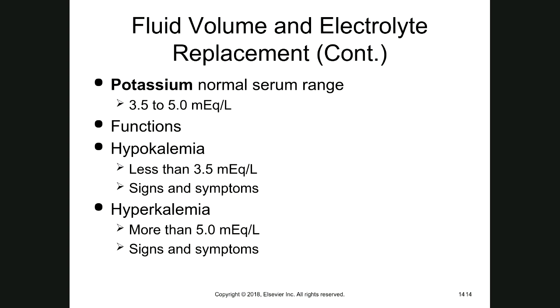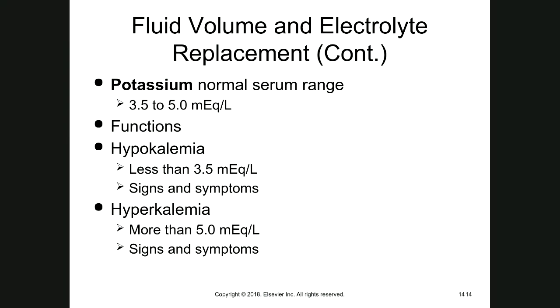And your levels of potassium, you have 3.5 to 5. And you know, the higher it is, the more dangerous. You have to really watch your potassium levels, and you can have a false positive or increased level on dehydration because of the fact it has less fluid volume.